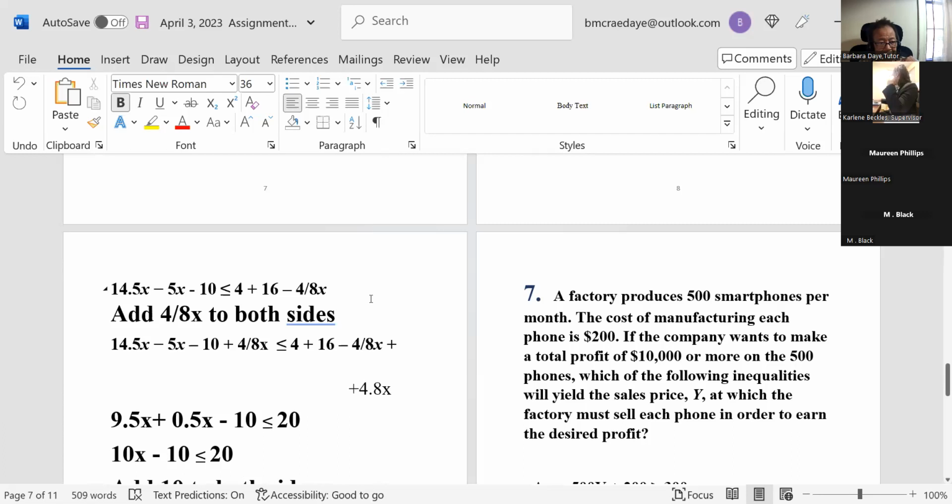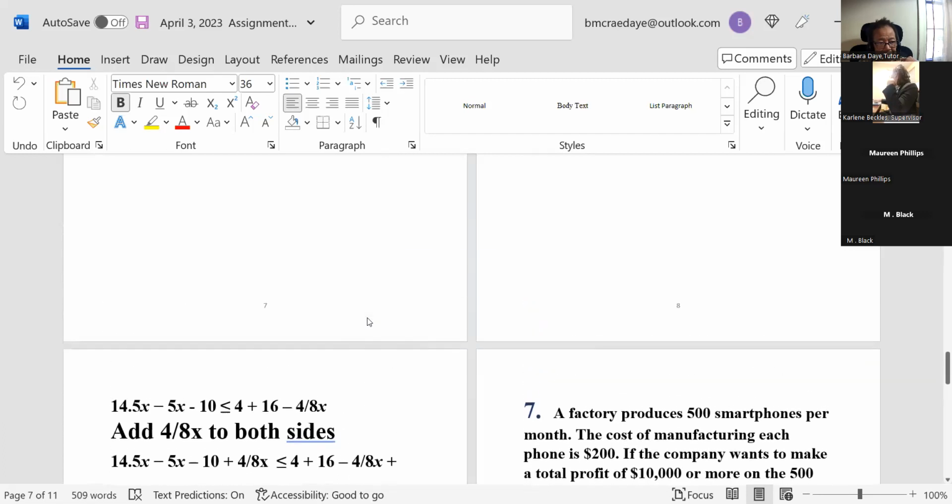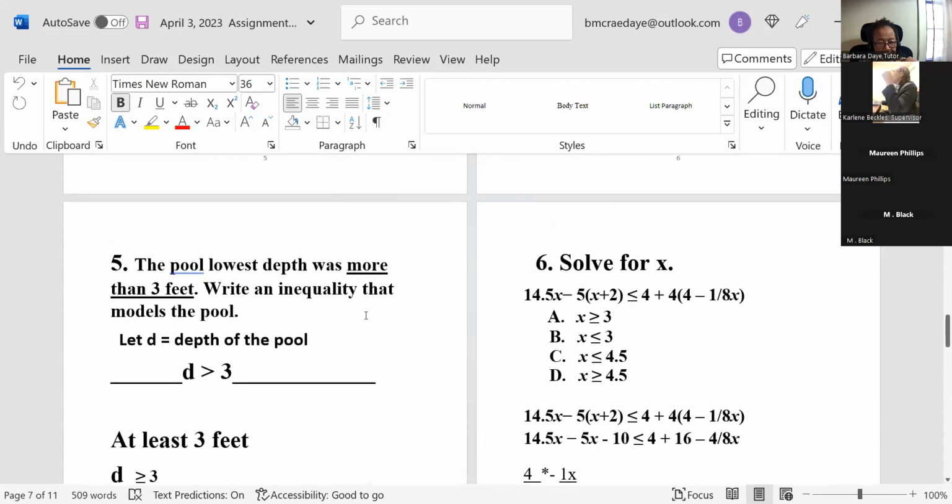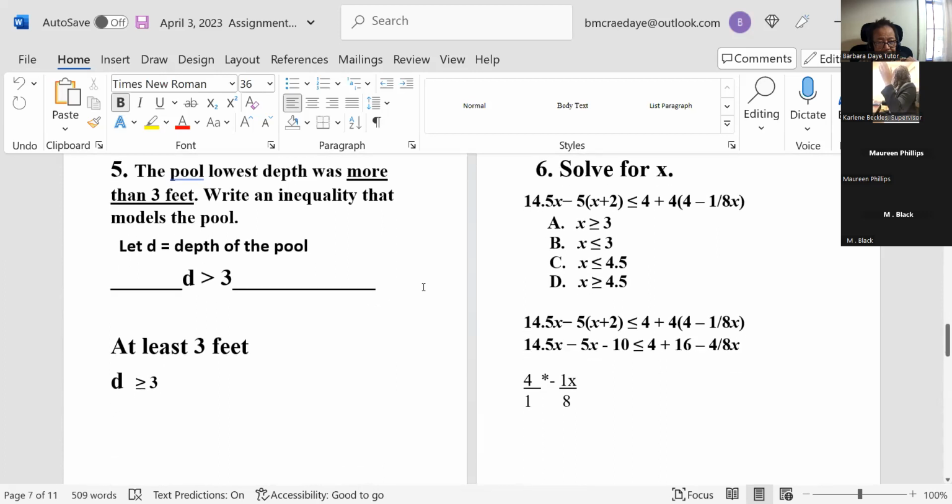Okay. Now, a problem like this, I probably wouldn't have you go through all these steps. I may give you a problem like this and ask you for the first step, which of these are correct. That would be the parentheses, to see if you can multiply the number by what's in the parentheses, just to see if you can do the first part.